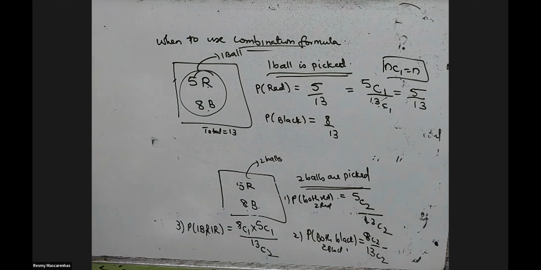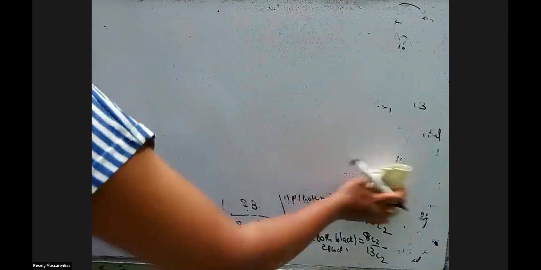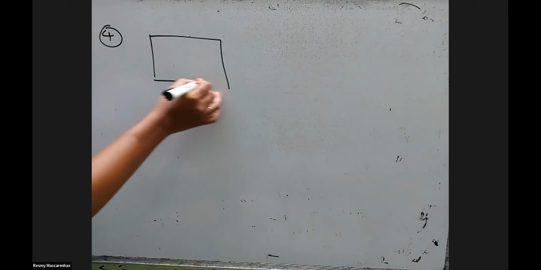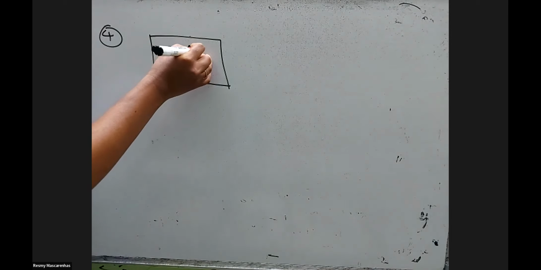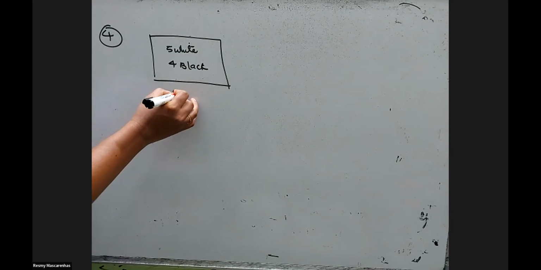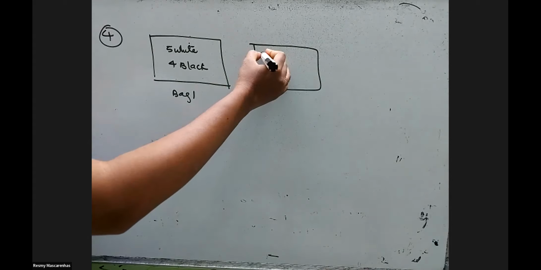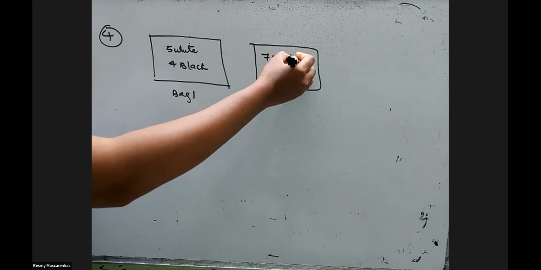So now we'll start solving question number 4. Question number 4 says there is one bag which contains 5 white and 4 black. Here, 7 white, 3 black.